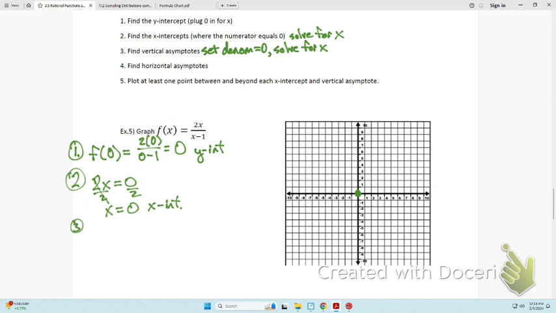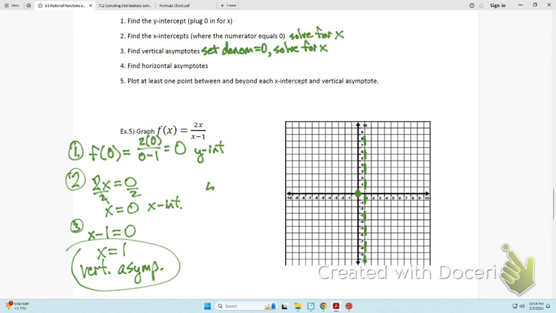So our denominator is x minus 1. Solve for x, and that is our vertical asymptote. So I go to 1 on the x-axis, and I make a dashed line. All right. Calculator doesn't help with that step.